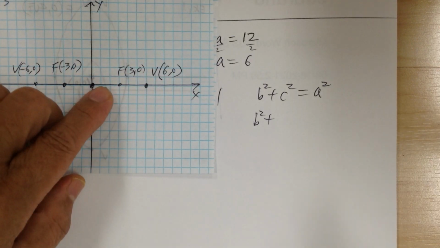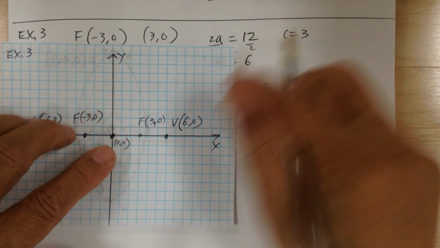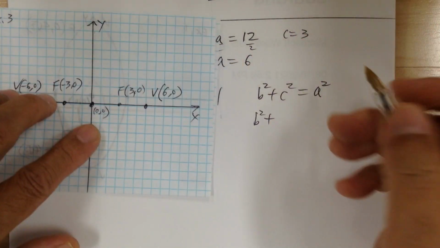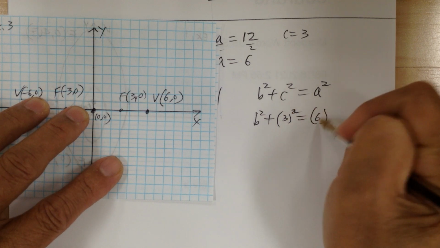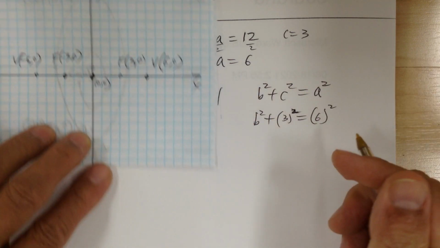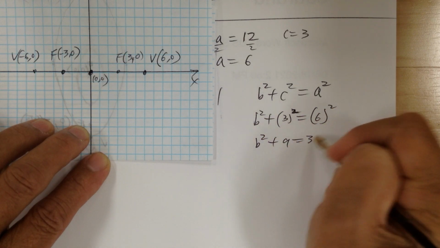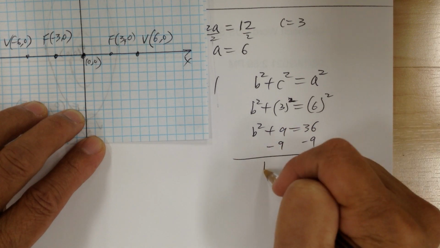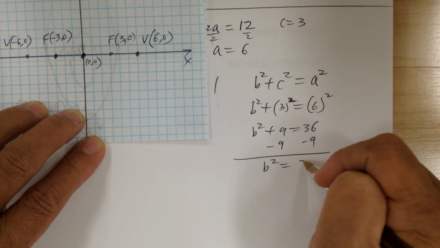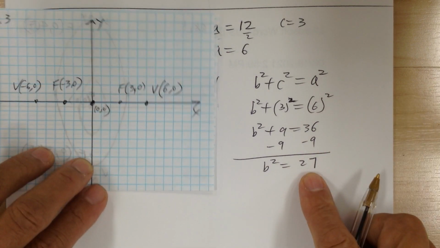So from here you can see that c equals 3, and a equals 6. So you're going to get 3 squared plus b squared equals 6 squared. Then go and work it out. b squared equals 27.